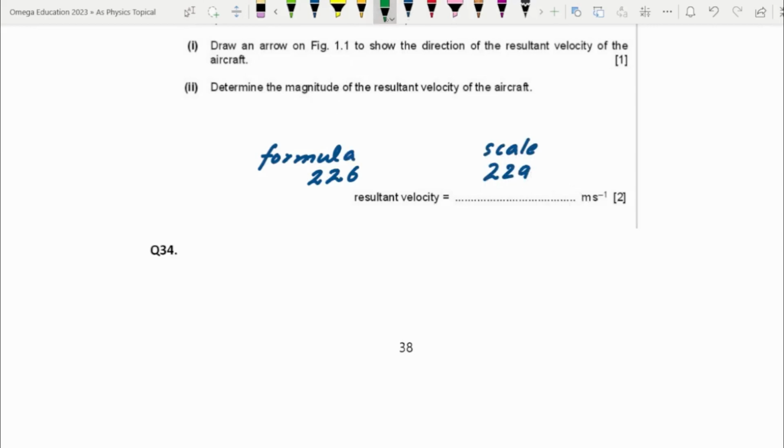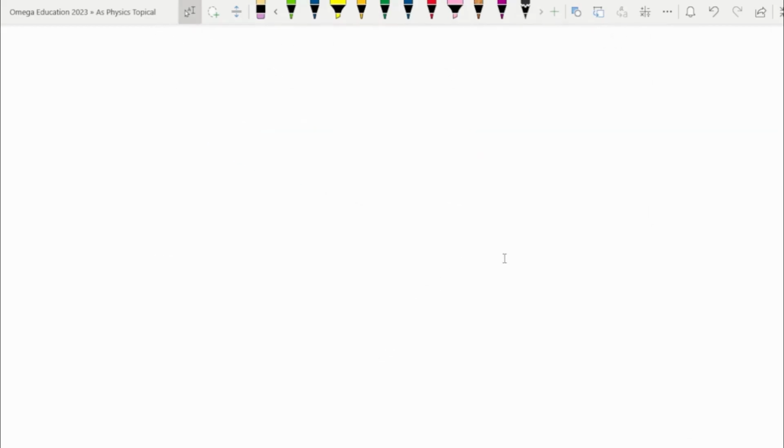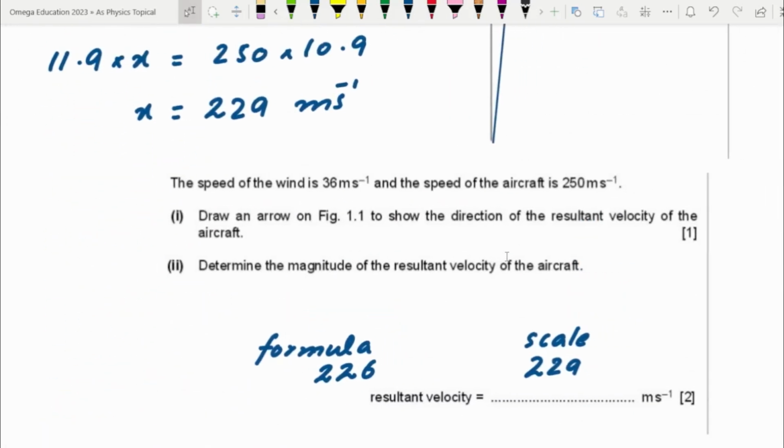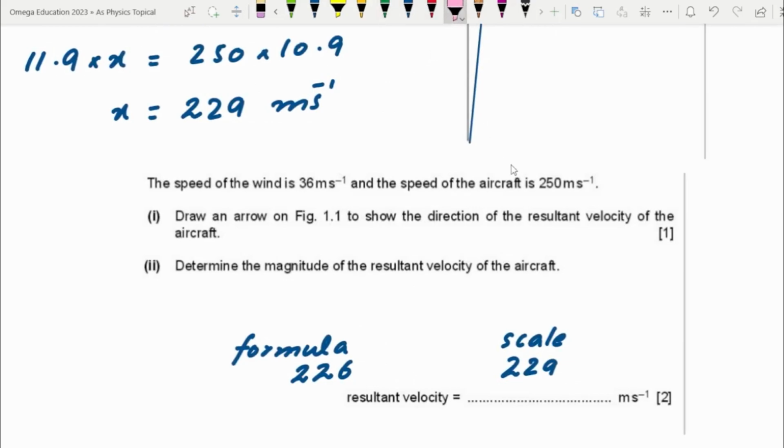Now, how many significant figures should we leave the answer with? It totally depends on the lowest number of significant figures that you had in the raw data. For example, this one, 250, might be 3SF or 2SF, but the lowest number of significant figures is 2. 36 has 2 significant figures. With trailing zeros, these may or may not be significant.